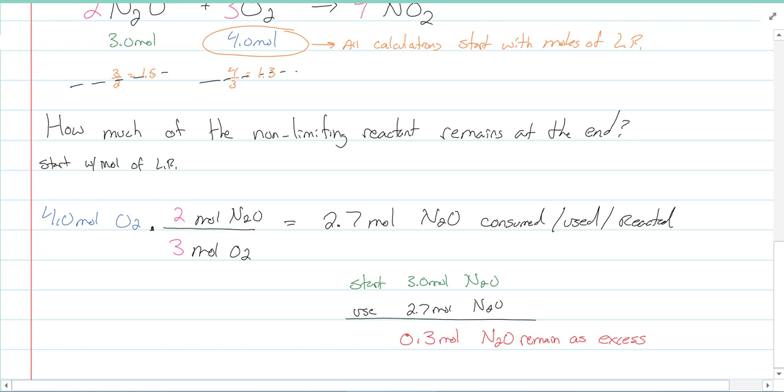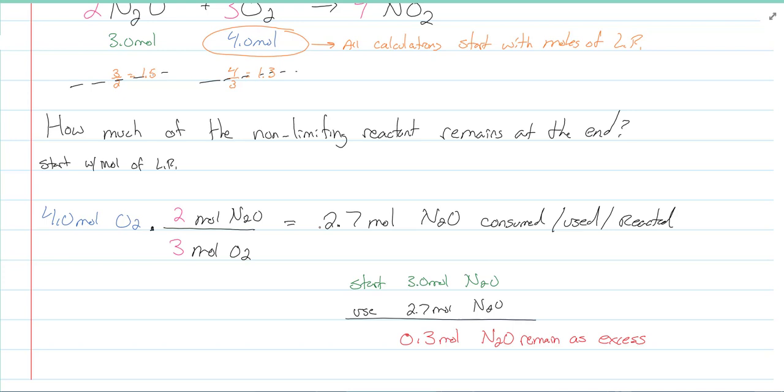So you have to find out how much you use, how much reacts first. Then you go back to the start and subtract. That's how these are done. So that is limiting reactant right there.